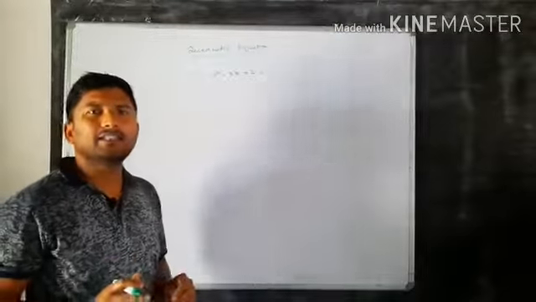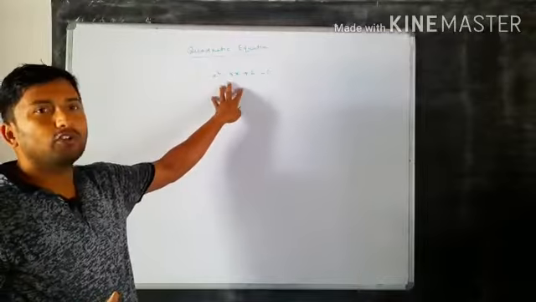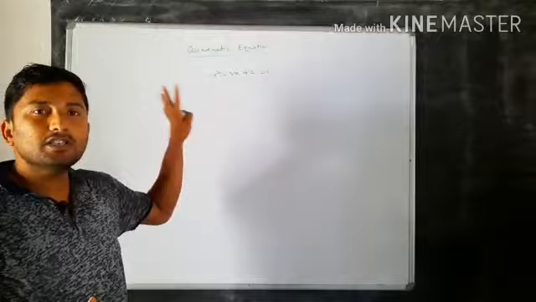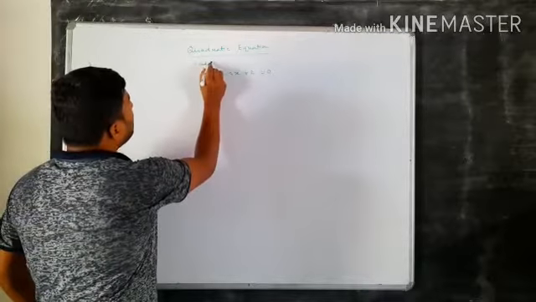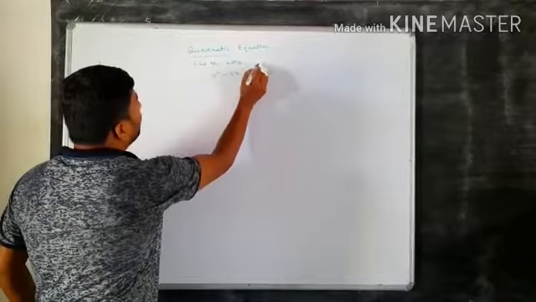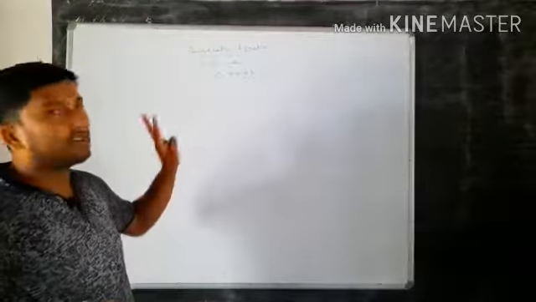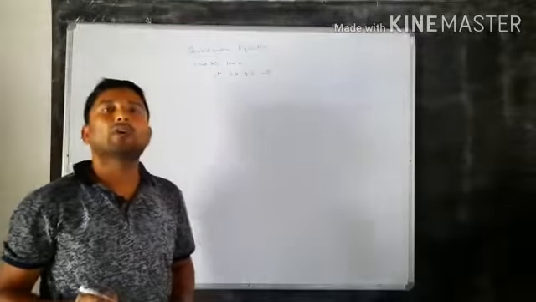And here it is directly given that it is equal to 0. So the value of the quadratic polynomial is equal to 0. So the question is maybe find the roots of the quadratic equation. Maybe this is the quadratic equation given, and we are going to find the roots.